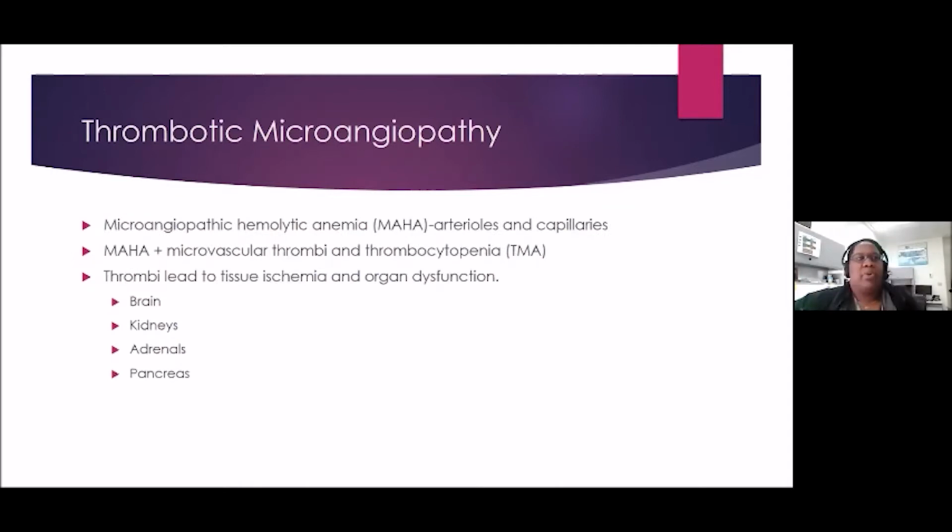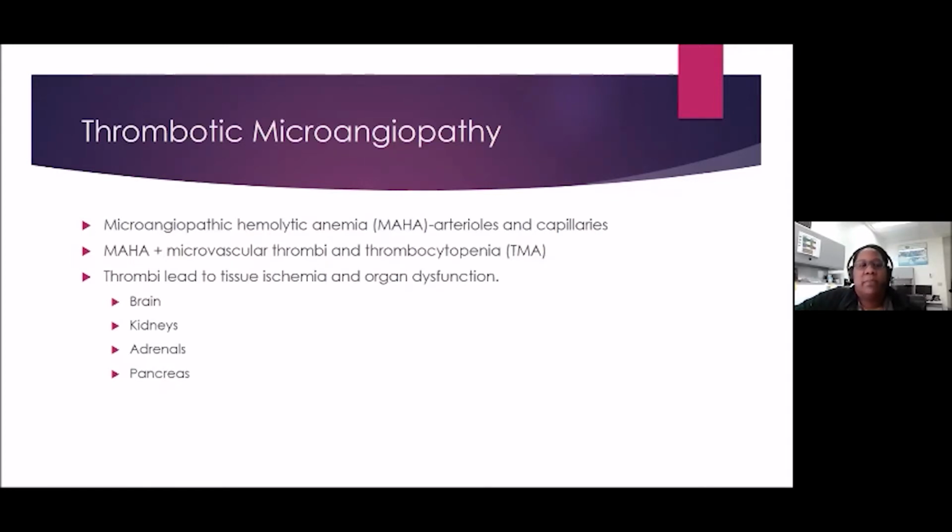So the process that I'm really talking about today is thrombotic microangiopathy. One component of it is microangiopathic hemolytic anemia. Microangiopathic refers to the processes going on in small vessels, mostly the arterioles and capillaries, and the hemolysis is happening in those areas.